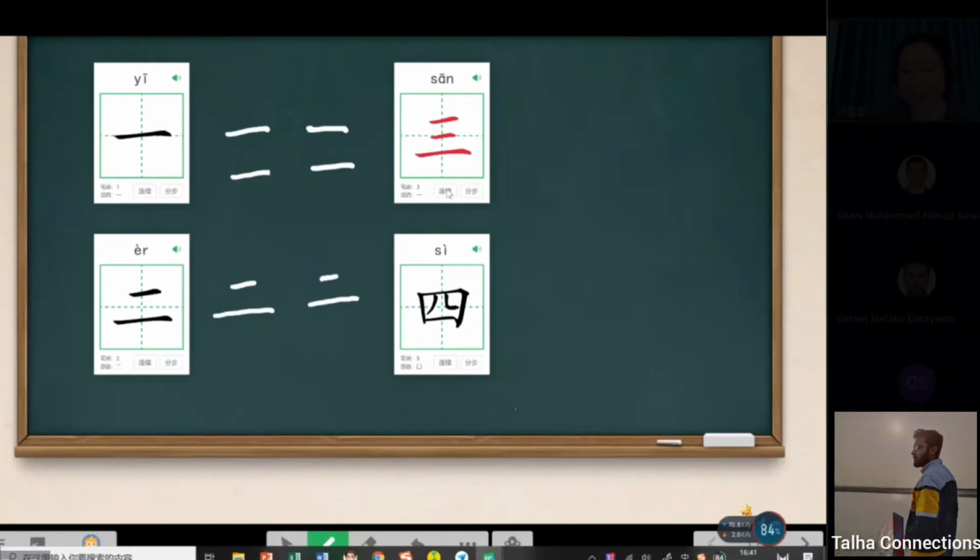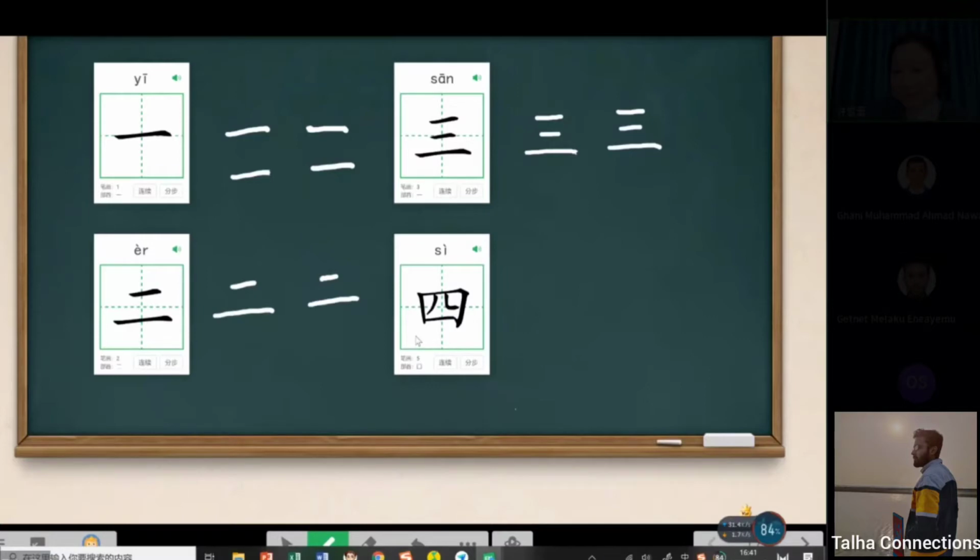Just 3 strokes. Now let's do it together. 1, 2, 3. Right. 1, 2, 3. Good, 3.